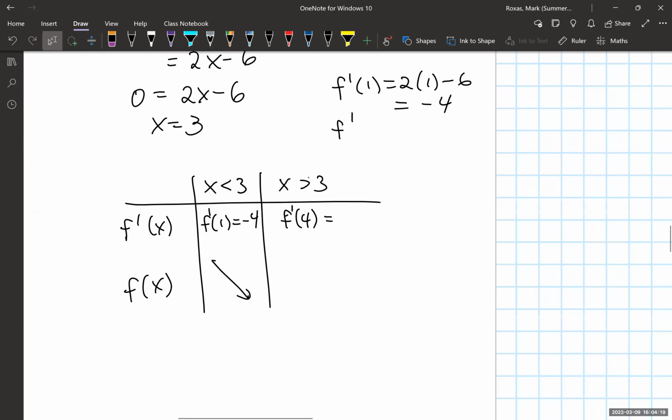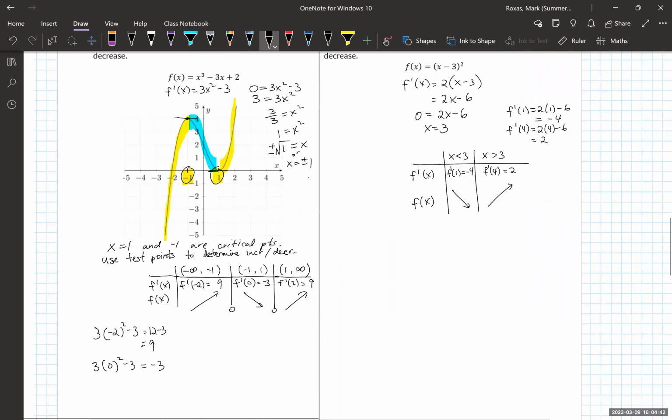So f prime 4 is equal to 2 times 4 minus 6, which is 2. And that positive derivative tells me that the function is increasing. And so there you go. Without having a picture of the graph, you can now determine intervals of increase and decrease. Let's look at a more complex example on the next page.